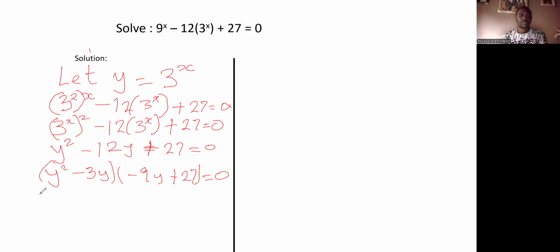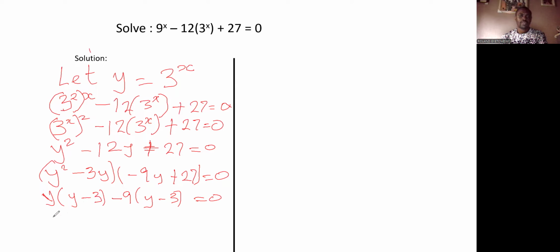Factorize this. Y is a common factor. So we have y into y minus 3, then minus 9 into y minus 3 is equal to 0.